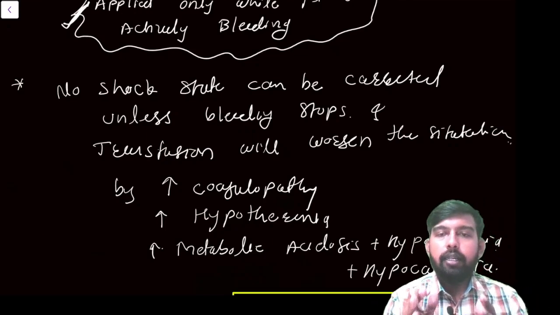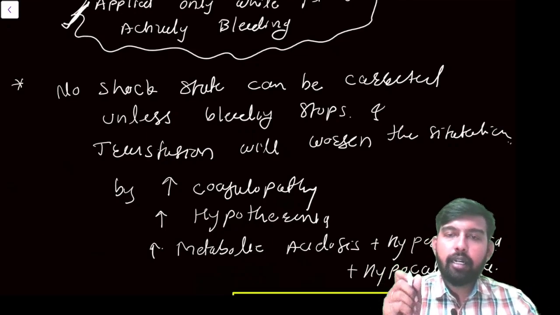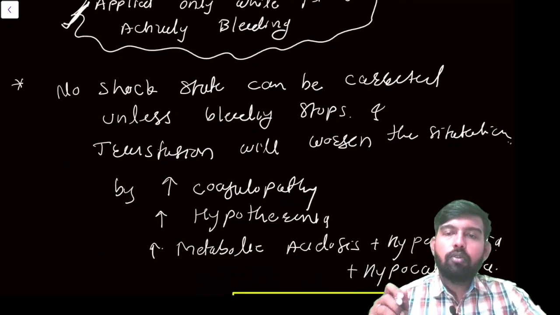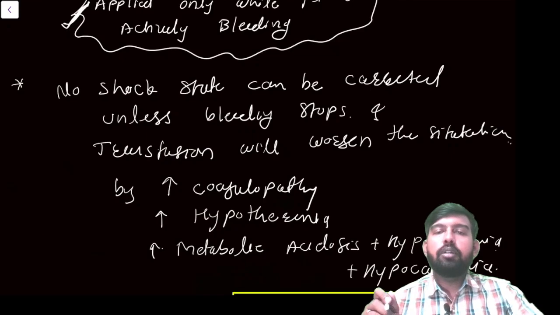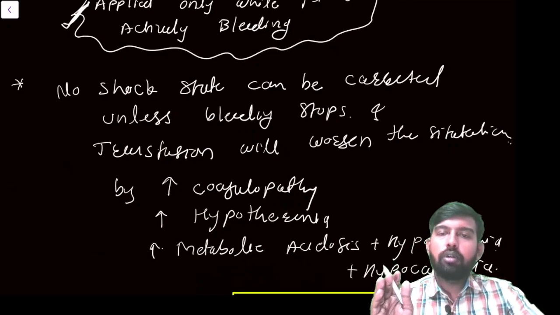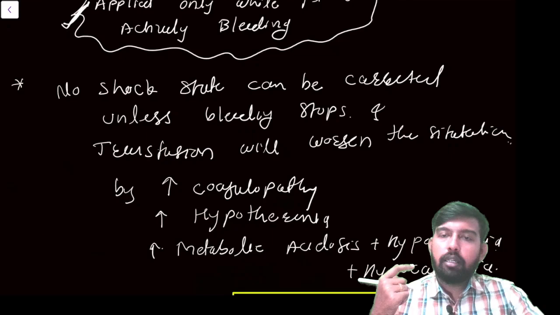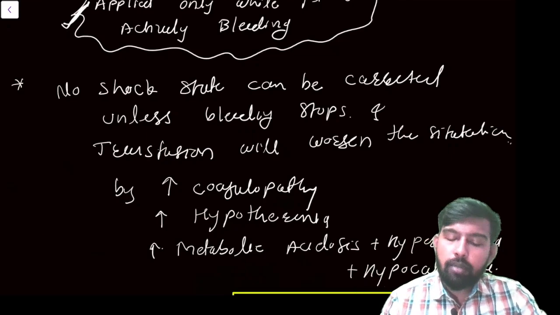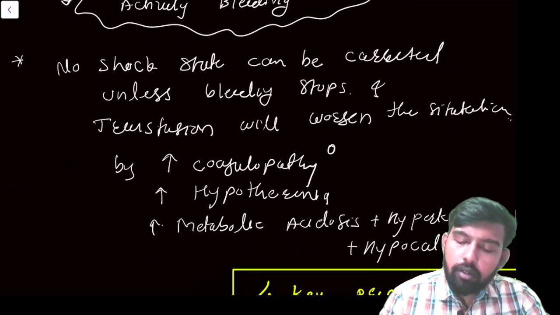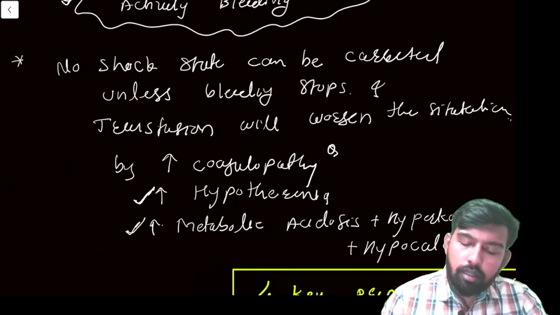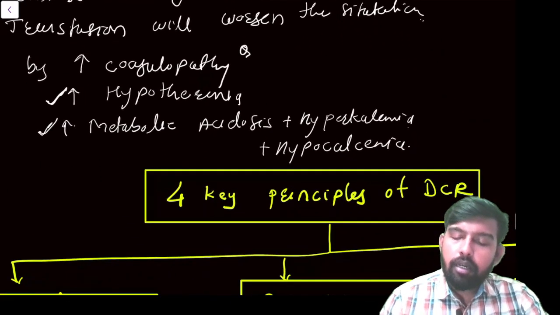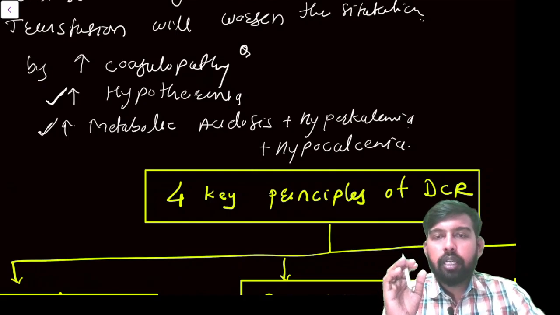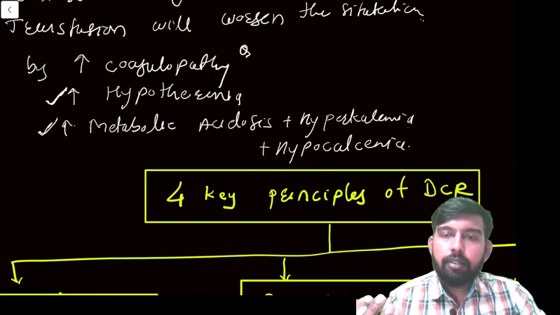If the bleeding is uncontrollable and we keep giving more and more blood transfusion, there is no use of that transfusion. It will worsen the situation by increasing the dilutional coagulopathy, by increasing the hypothermia, and because of the increase in metabolic acidosis, hyperkalemia, and hypocalcemia.